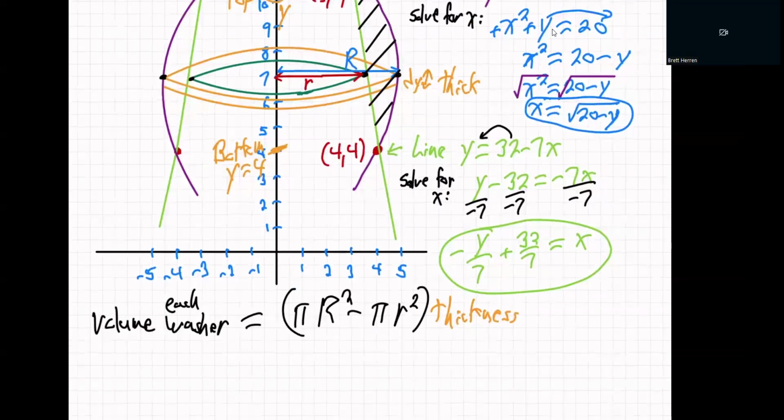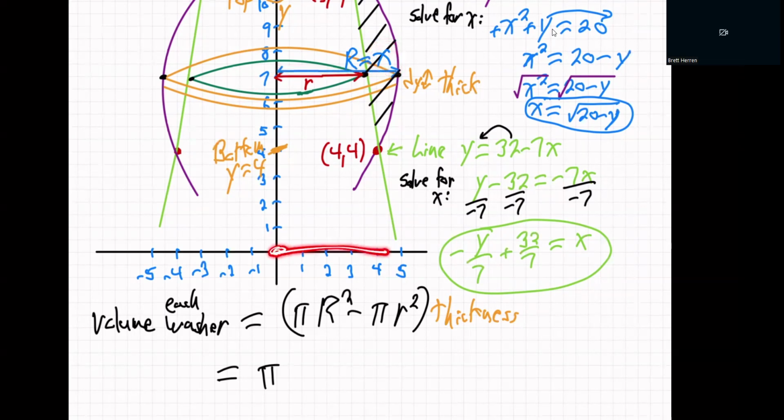Okay, what's the outer radius? So here we go. We need pi. We need the outer radius. Well, you can see it. The outer radius goes from the middle to the out. And what is that? Well, that's the x value, isn't it? Whenever you go from the axis out to any graph, that's called the x value. That's how we graph, right?